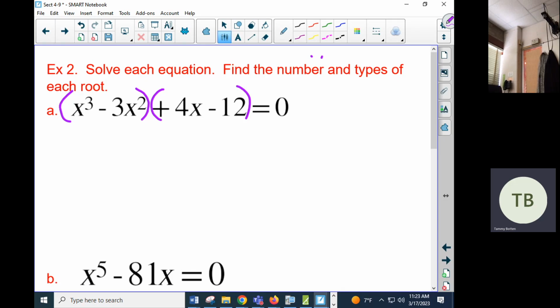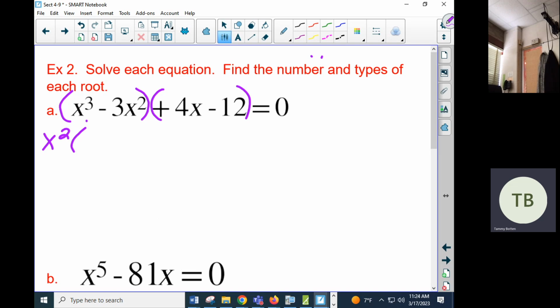Okay. Then what I do is look at this first thing and I look at what could I take out front. Notice this is 3 x's. This has 2. So you can take the smaller amount of x's out. So I can take x squared out. Then I look at x squared times what would give me x to the 3rd.